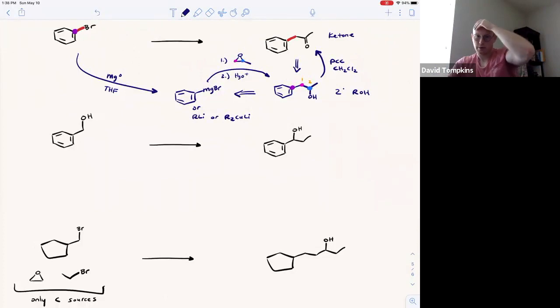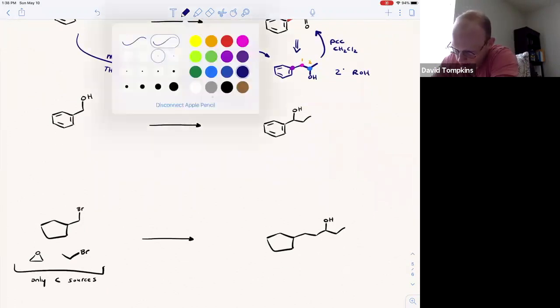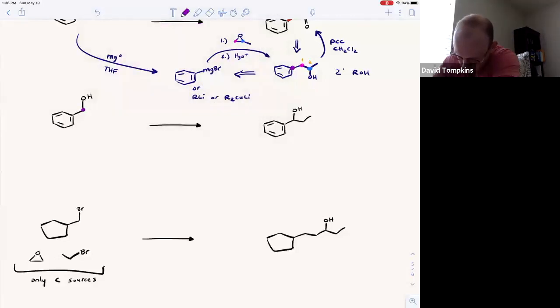So next, let's do one where we have to use a carbonyl. So in this problem, I see that the carbon of benzyl alcohol has been transformed into a different alcohol.